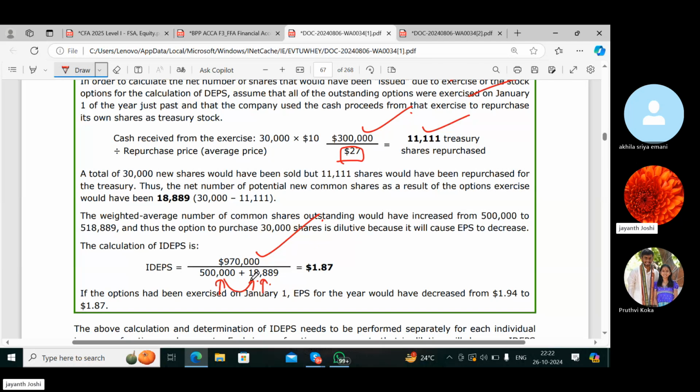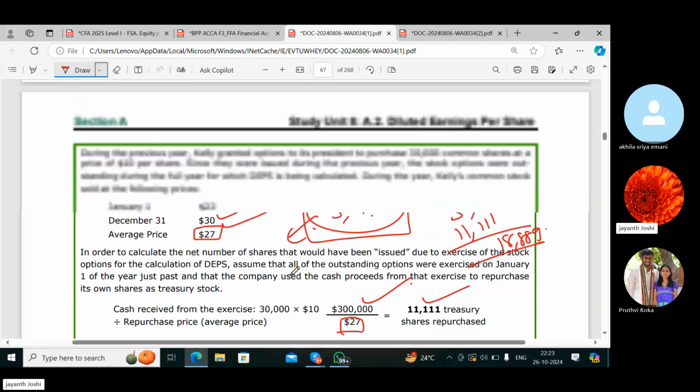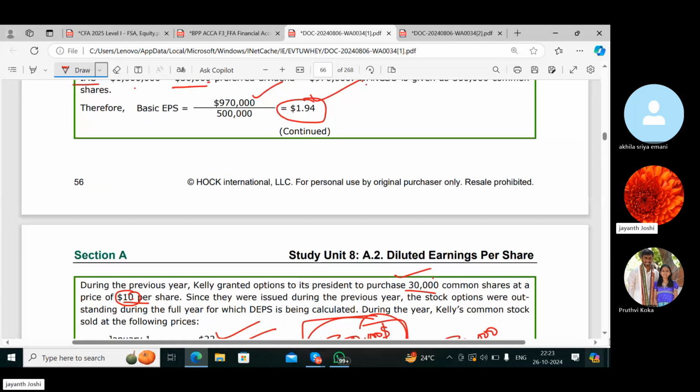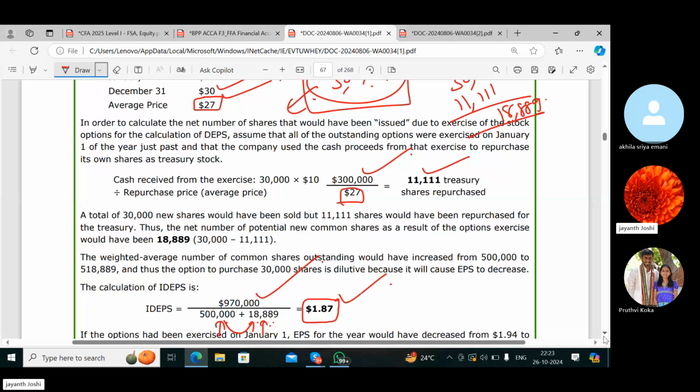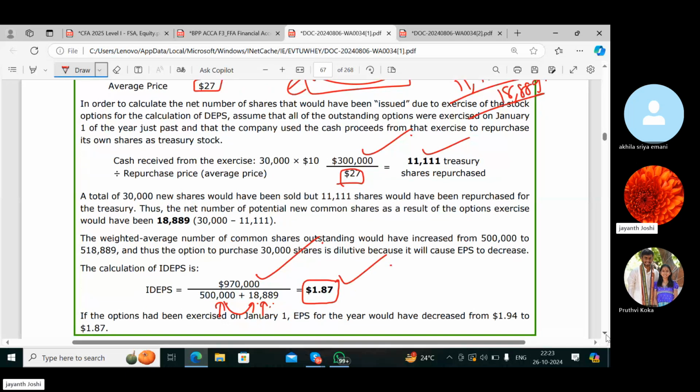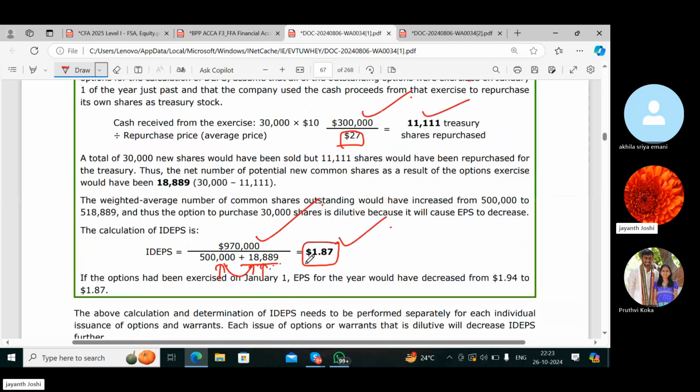Because of the number of shares increasing in the denominator from 5 lakhs to 5 lakh 18,889, you see the EPS has got diluted. Previously the EPS was 1.94, now the EPS is 1.87. So with this we see that the EPS has got diluted because of the shares increasing in the denominator, and you know the reason.